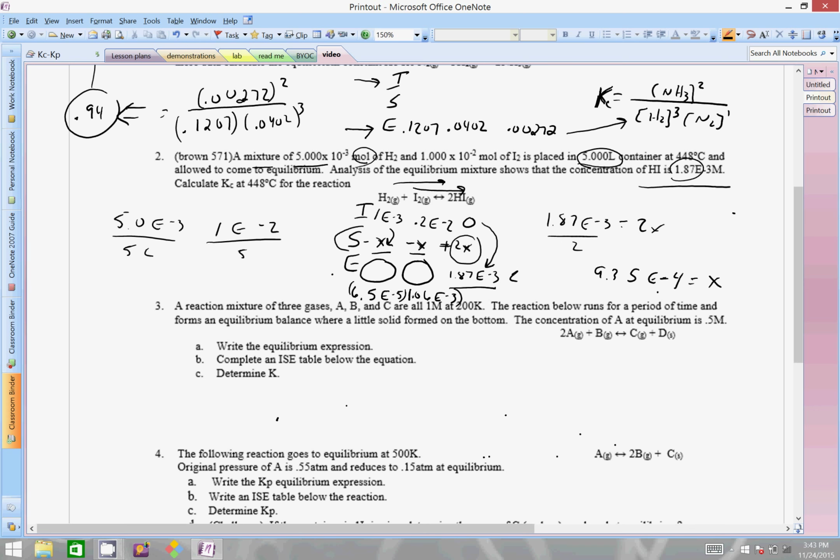So I now have all my values for my equilibrium conditions. I can then plug these into the equilibrium expression, and I'll have my K value.